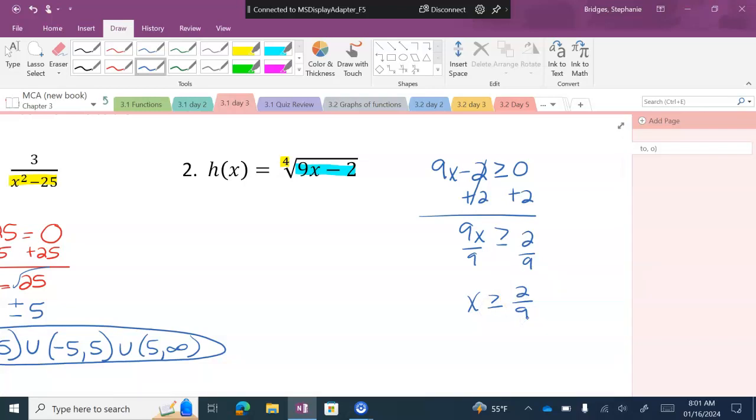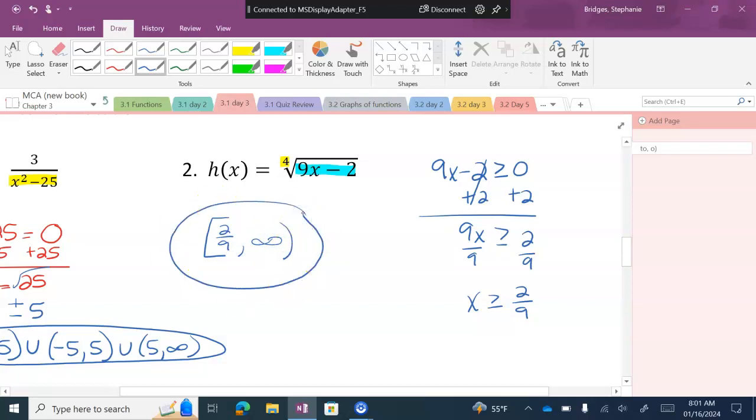So if you need the number line, that's what it would look like. So how would that interval notation look? Bracket or parenthesis? Bracket, and then what? 2 over 9, comma, all the way to infinity, and then a parenthesis. So that would be your domain for that one.